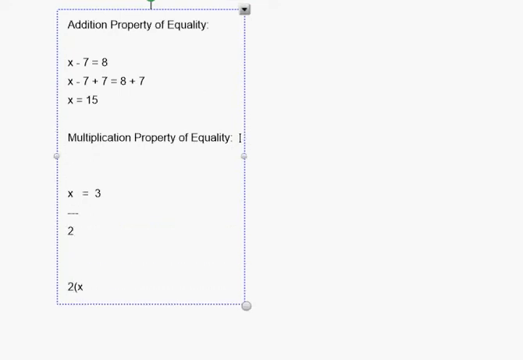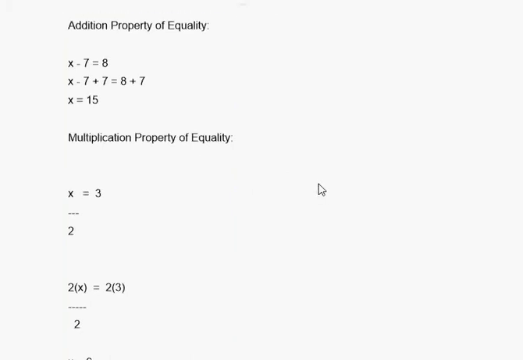If we multiply both sides of the equation by 2, the 2's on the left side will cancel out, and we get x is equal to 6. And we just used the multiplication property of equality because we multiplied both sides of the equation by the same value.